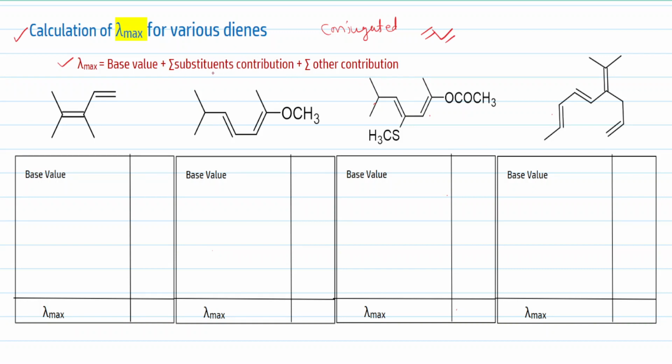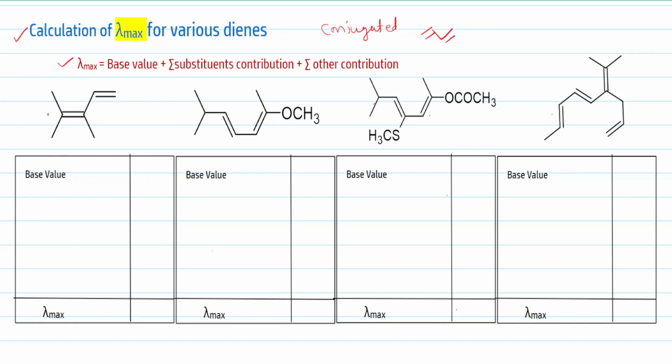Substituent means it may be a ring residue in case of a cyclic diene, an alkyl in case of a linear or acyclic diene, or a halogen, thioether group, acyloxy or alkoxy group. Other contribution indicates the presence of a double bond, that is extended conjugation or an exocyclic double bond.